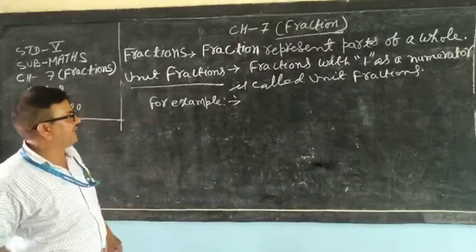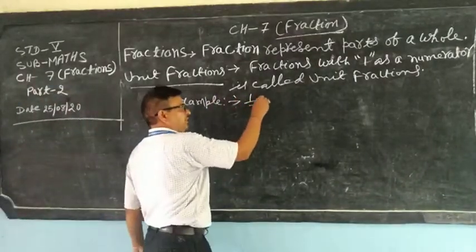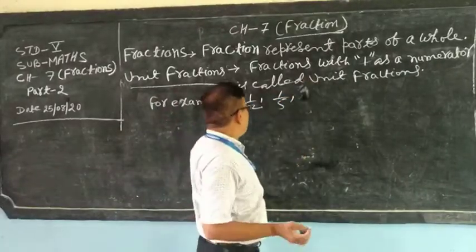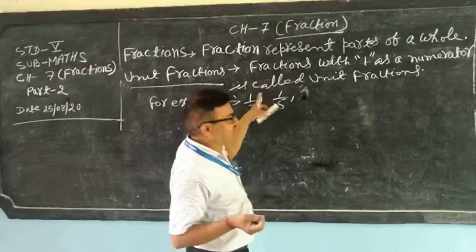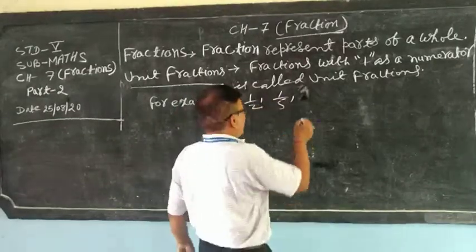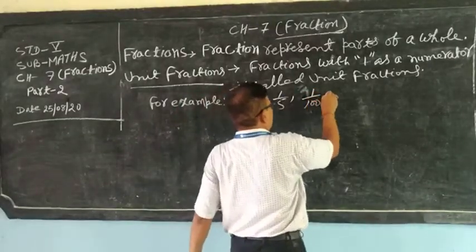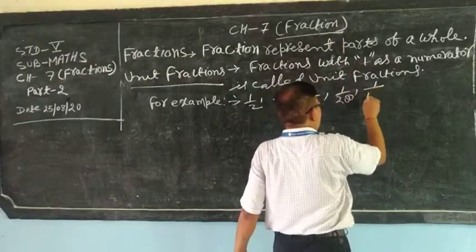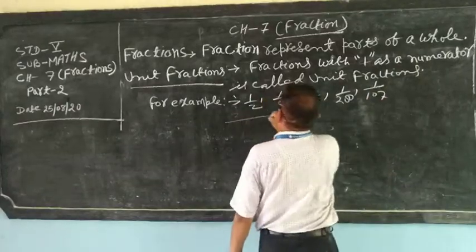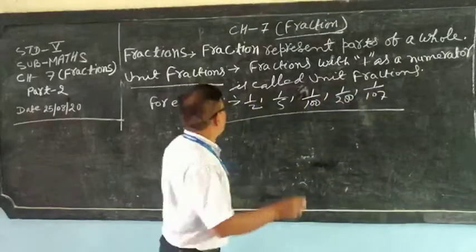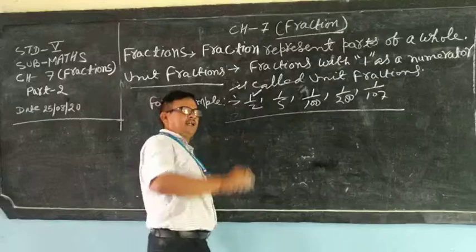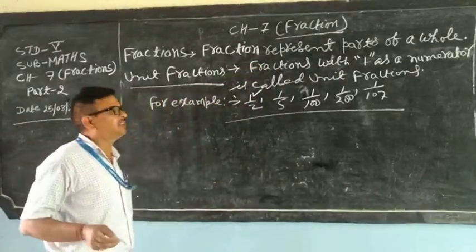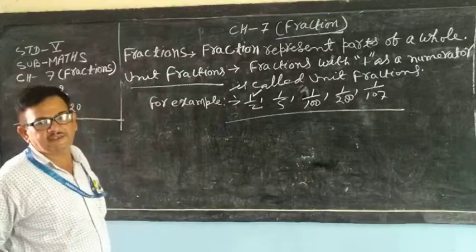For example, you can write 1 by 2, 1 by 5, 1 by 100, 1 by 200, 1 by 107. These all are examples where the numerator is 1. Having 1 as a numerator, it is called a unit fraction.